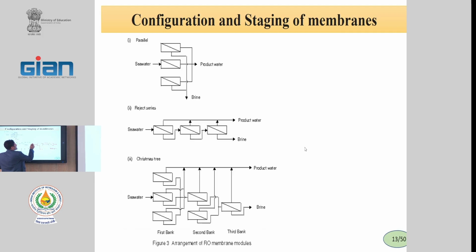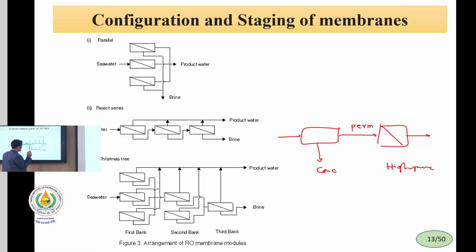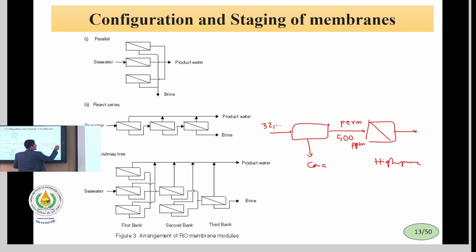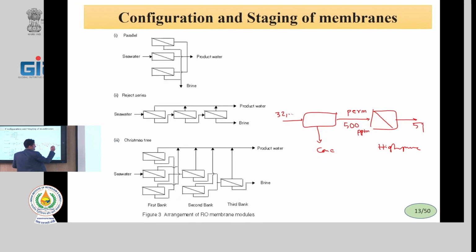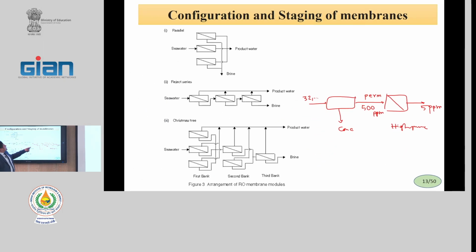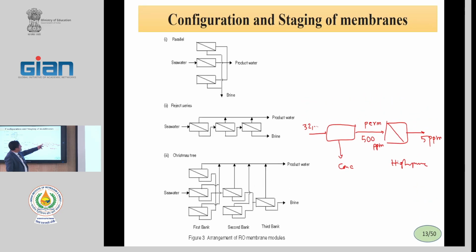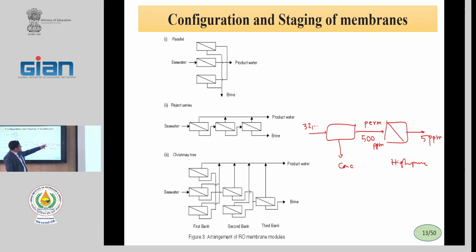For example, here we have this ppm, but we need this one. When we go the permeate of the first step to the second step, the aim is production of the high pure and low solid water.